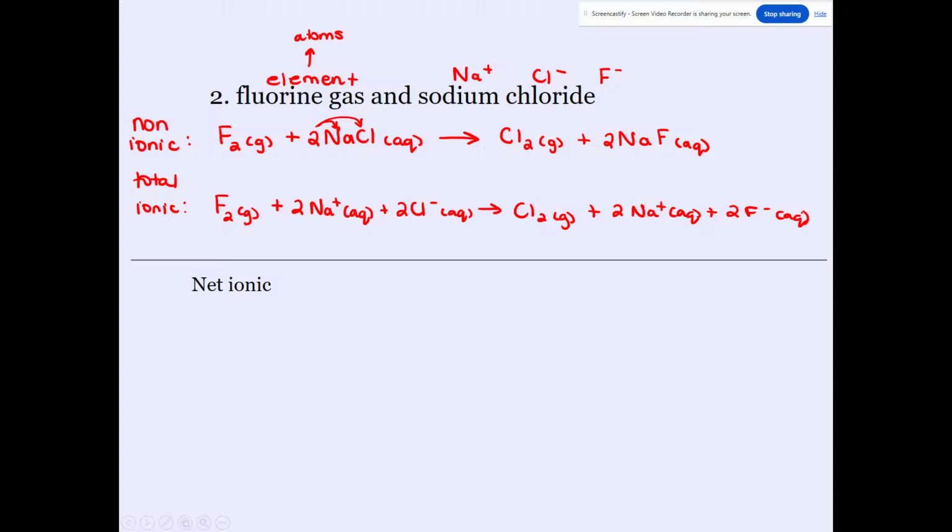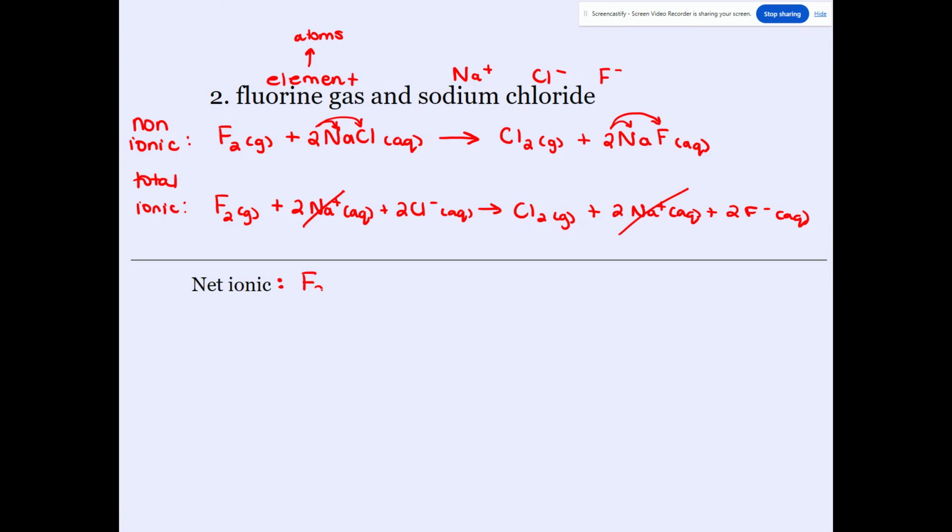So again, the only time you have ions is if you have a soluble ionic compound. When you have an element, okay, it stays an element. It's an atom. It does not have a net charge. Don't put a net charge on it, okay? Don't dissociate it. My only spectator ion now is sodium.